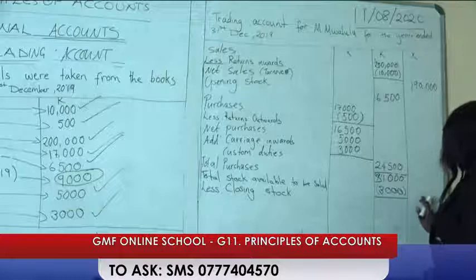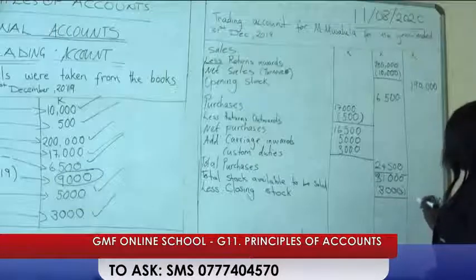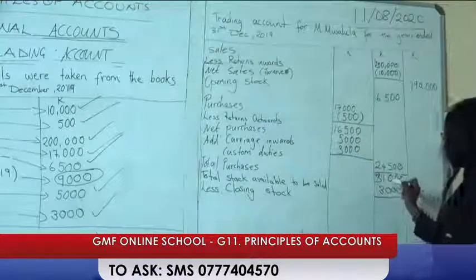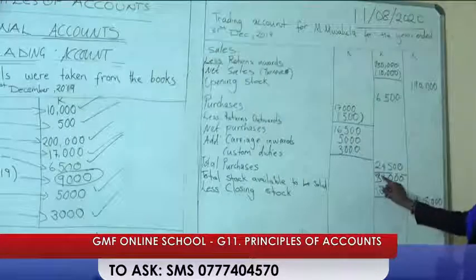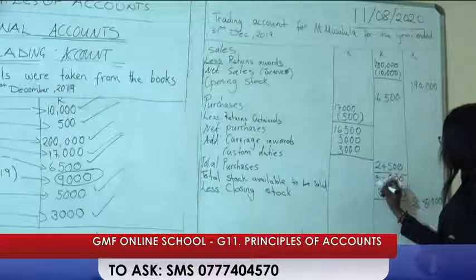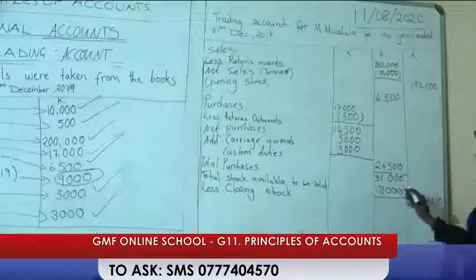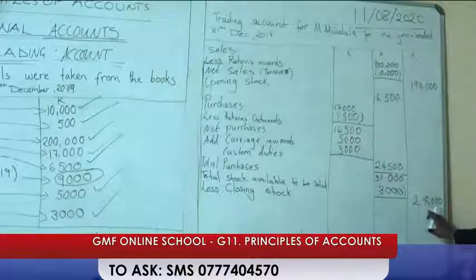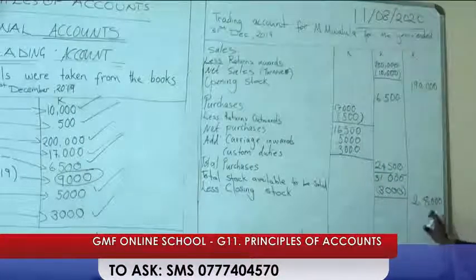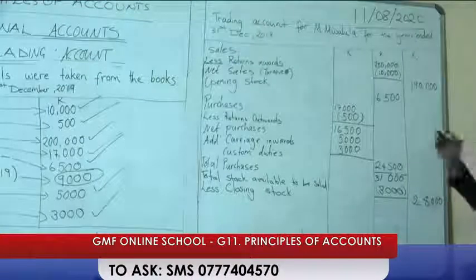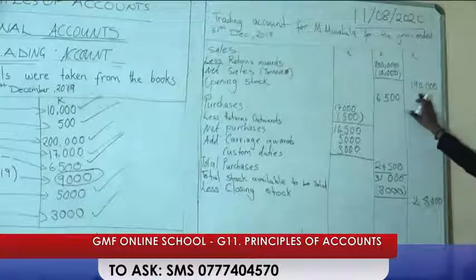Oh, I'm sorry, here it's 8. Then after subtracting 3,000 from 31,000, what you're going to get is 28,000.